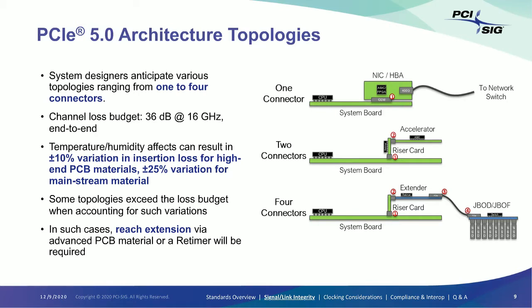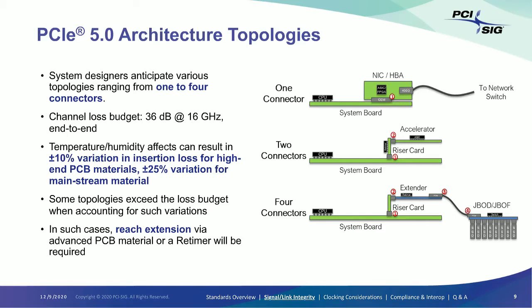And you'll end up with physical channels that have different characteristics: one connector, two connectors, multiple connectors, cables, etc. So there's no single topology. There's a plethora of topologies, and all of them must comply with the channel requirements, which essentially means they must be less than 36 dB loss at 16 gigahertz.